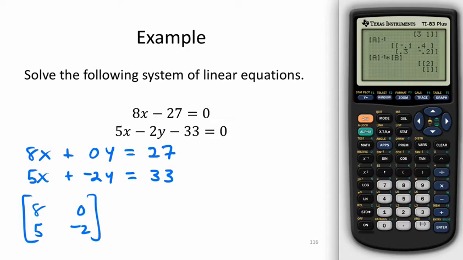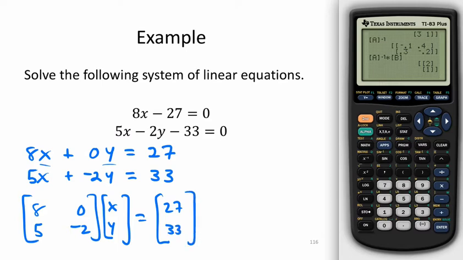So 8, 0, 5, negative 2 times the column vector of unknowns in order, x, y. That's the left-hand side of the system. The right-hand side is the column vector of constants, 27, 33. There's the single matrix equation that's equivalent to our system.